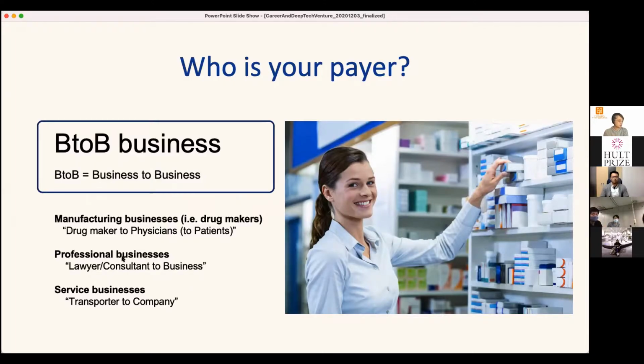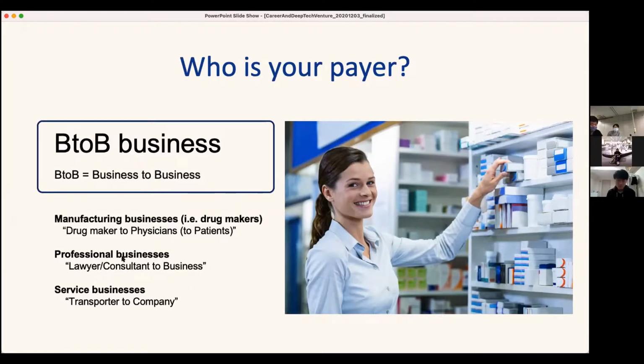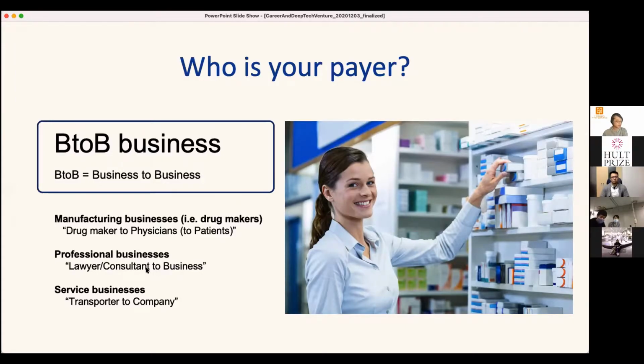And professional businesses can be B2B. So for example, lawyers and consultants provide their services to businesses. So like McKinsey and Boston Consulting Group people provide their services to big corporations. So what they're doing is a B2B business because their clients are business. And the last one is the service businesses. And this is very similar. So transport to company.